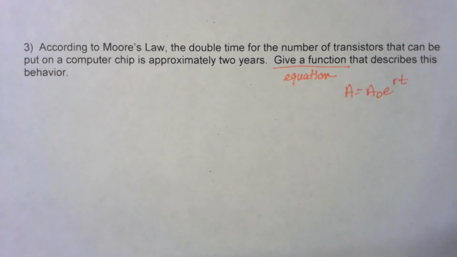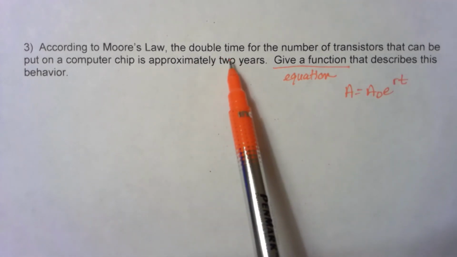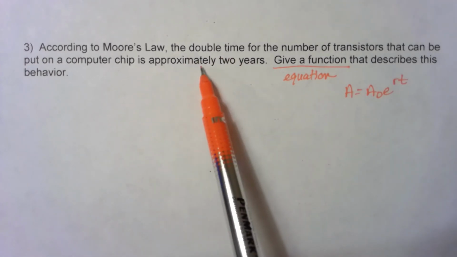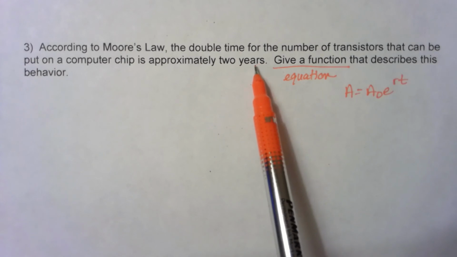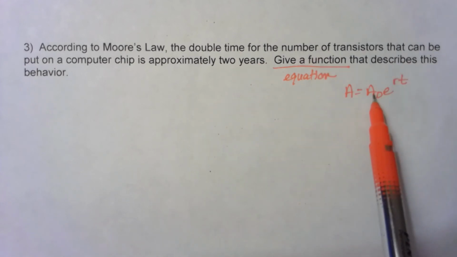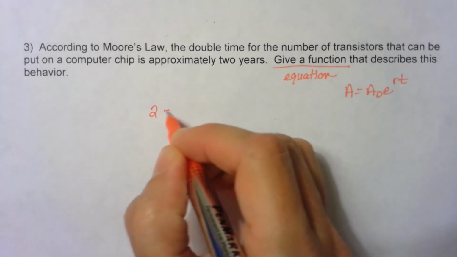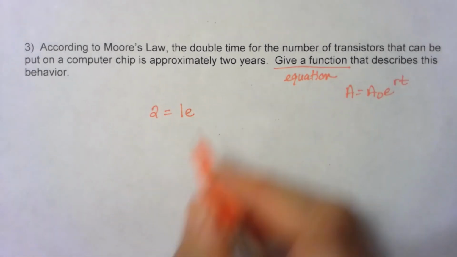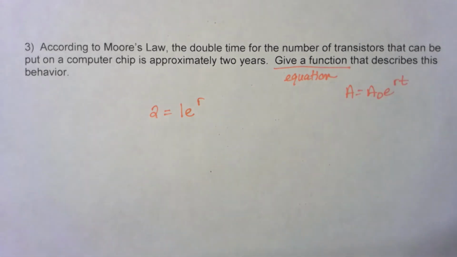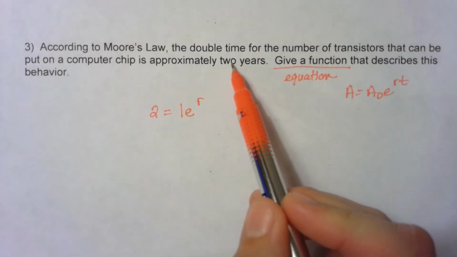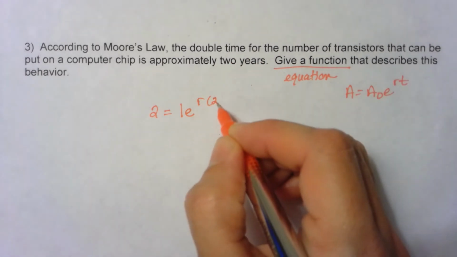It says double time is approximately 2 years. So if we start with 1, double would be 2. So let's do that first. 2 is equal to 1 e to the r, and t, it takes 2 years for it to double, right? So that's just 2.